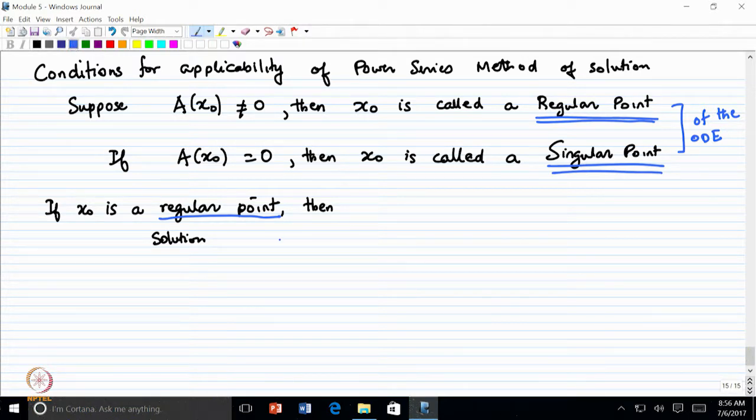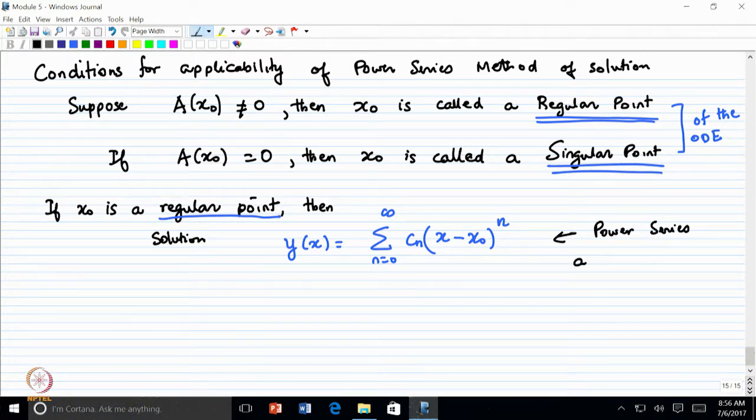So, we can write a solution as y(x) equal to the sum over n equal to 0 to infinity of C_n (x - x_0)^n. So, you can write it as a power series about x_0. So, this is a power series about x_0.